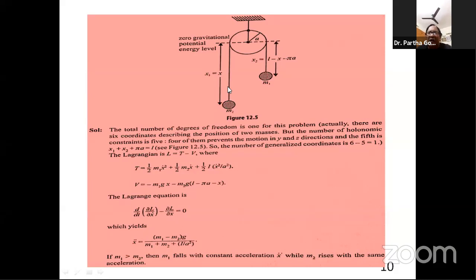The third step is writing the Euler-Lagrange equations in terms of generalized coordinates, and of course solving the differential equations. You get whatever quantity they have asked you to solve for in the problem.